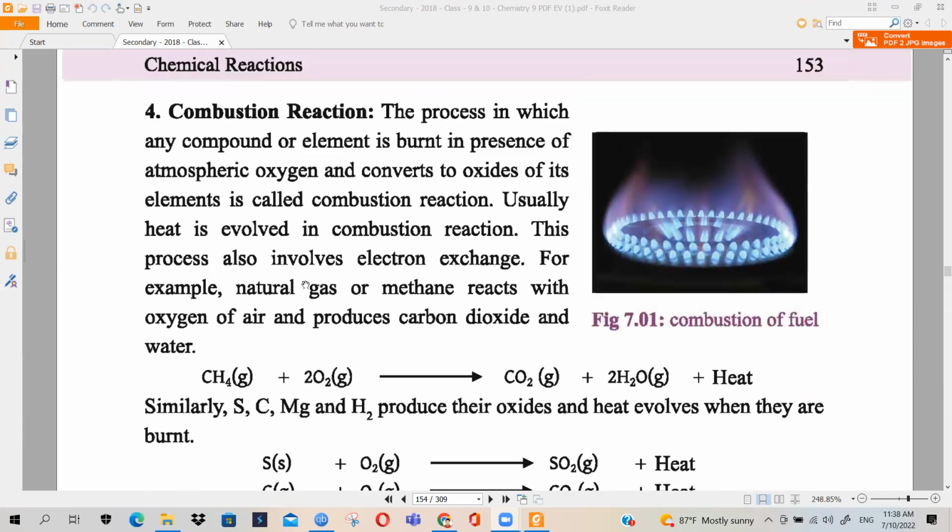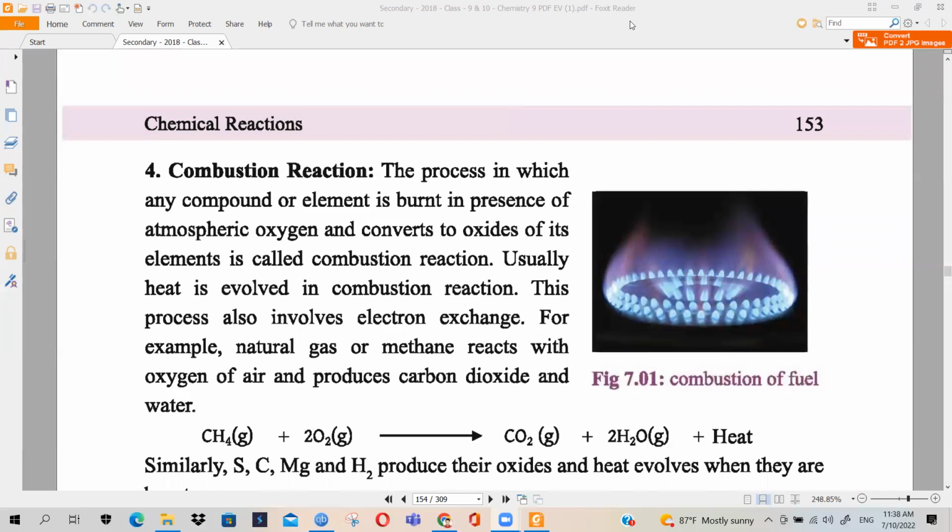So did I tell you the basic chemical reaction for combustion reactions? CxHy plus (x + y/4) O2 gives x CO2 plus y/2 H2O. Let me remember, just a second.